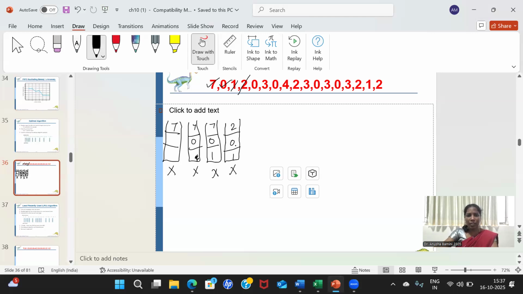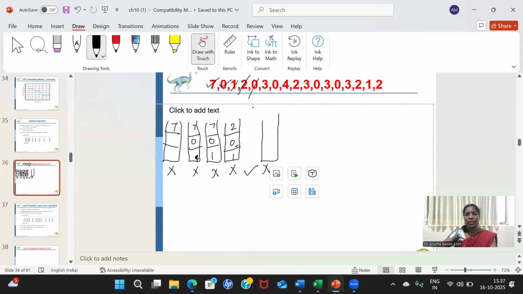Next is 0. 0 is already there, so that is called a page hit. It's over. Next is 3. 3 is not available here. Again, I want to replace one of the frames with 3. In my memory, 2, 0, 1 is available.